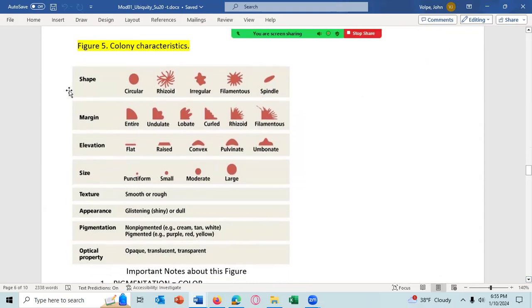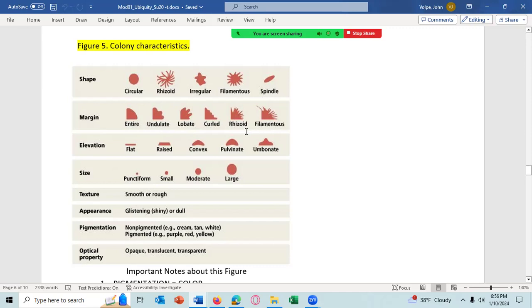You can take the shape of the colony. You can take the margin. The margin is the edge of the colony. Entire means it has a smooth edge; undulate, lobate, and curled are a rough edge; rhizoid and filamentous are either a rhizoid or filamentous edge. Whenever I'm asking a question about a colony, I would not be expecting you to differentiate between rhizoid and filamentous and tell me this colony is rhizoid, that is filamentous.